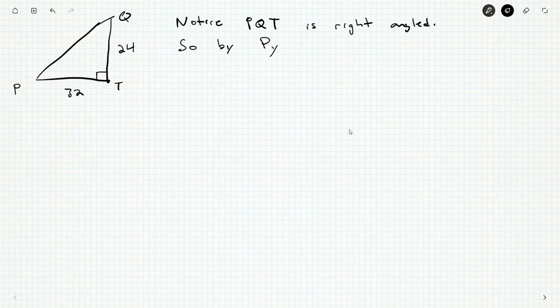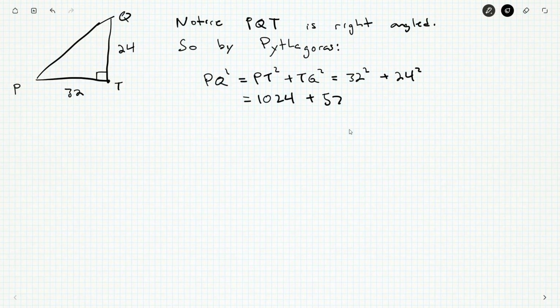So by Pythagoras, PQ squared is equal to PT squared plus TQ squared, which is 32 squared plus 24 squared, which is 1024 plus 576. Remember, calculators are allowed, so you can absolutely use them. Those will add together to give us 1600. So that tells me PQ is equal to 40.